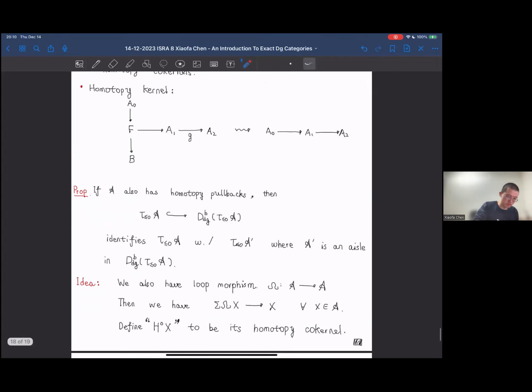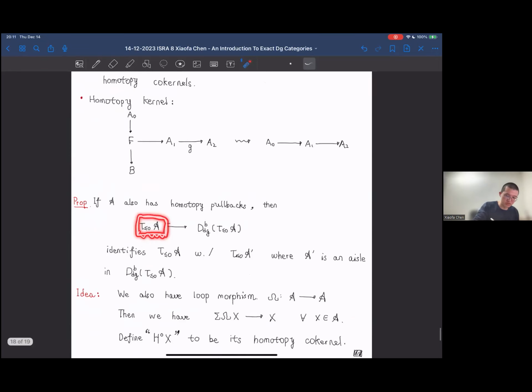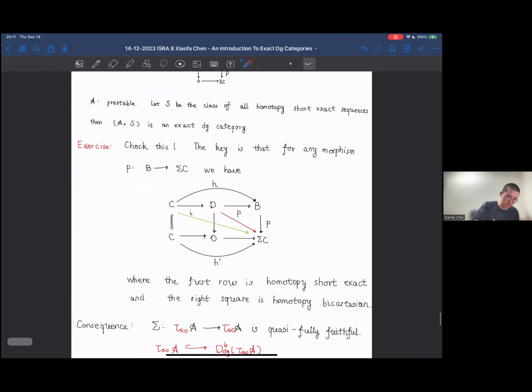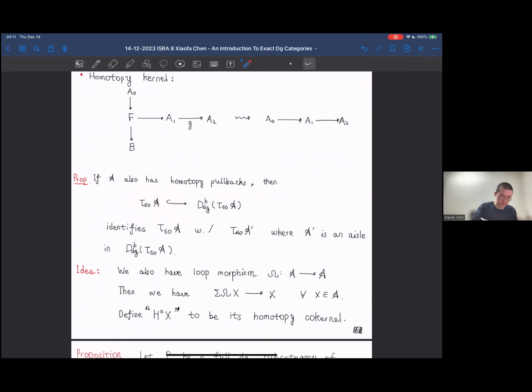So the embedding of this exact DG category endowed with all homotopy short exact sequences into the bounded derived category, we identify it with an L in the pre-triangulated DG category A.